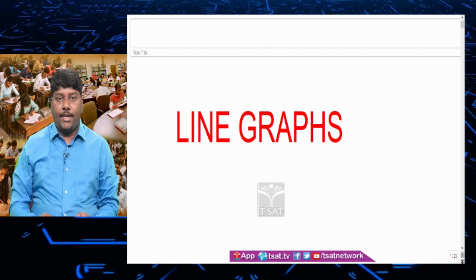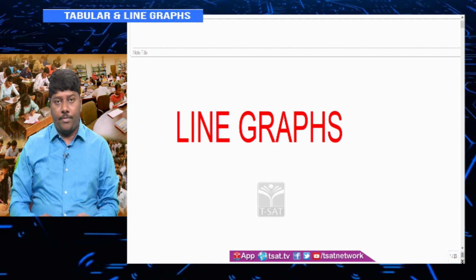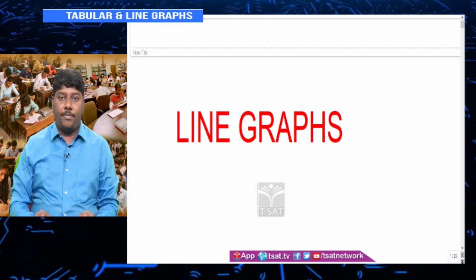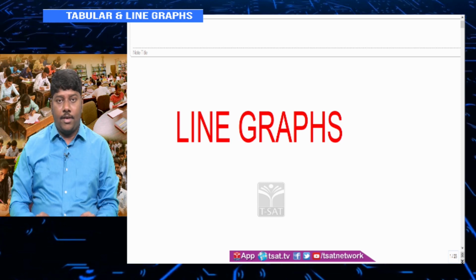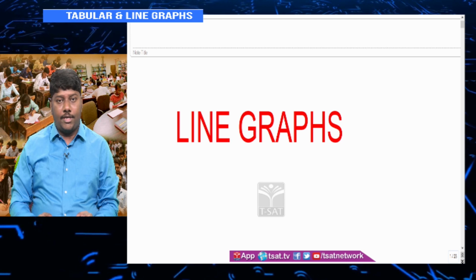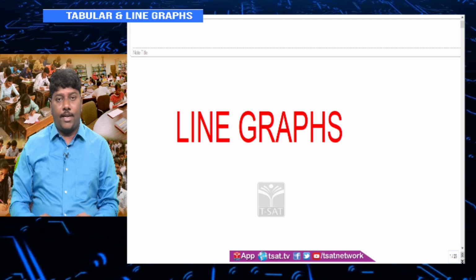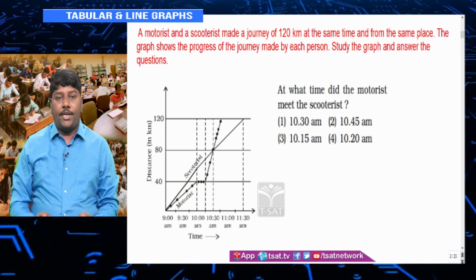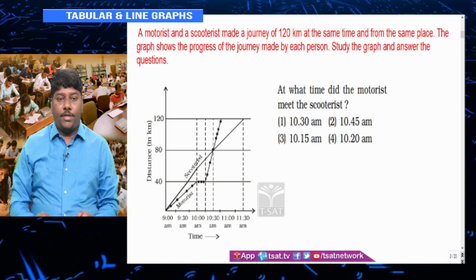Now we come to line graphs. Table graphs are also similar, but the representation is in lines. That's the only thing. There we represented in terms of tables, here we are going to represent everything in terms of lines, but the way we look at the data varies. So let's look at the data given in line graphs. See the graph here, a motorist and a scooterist.